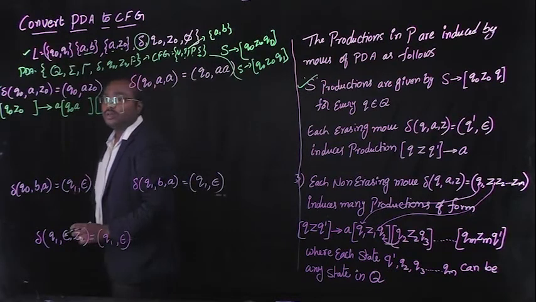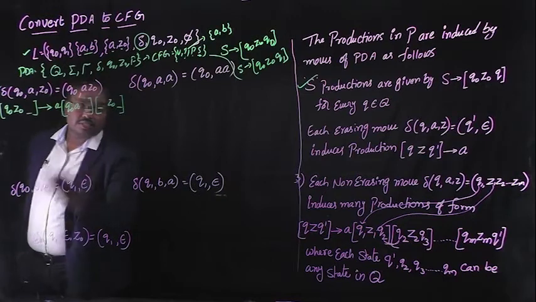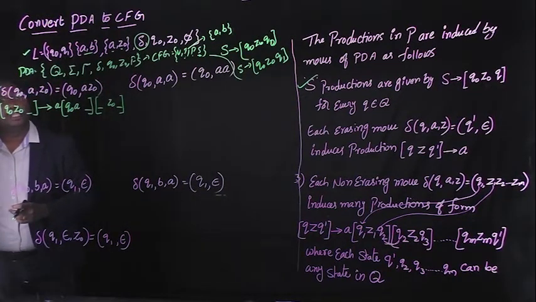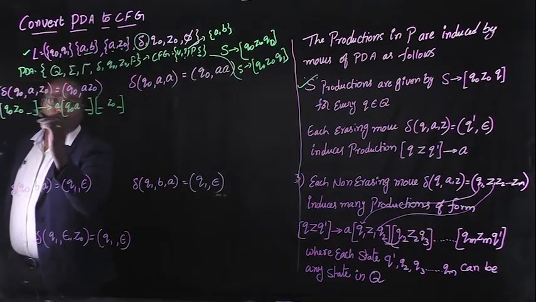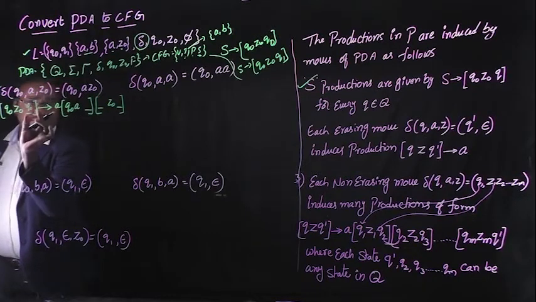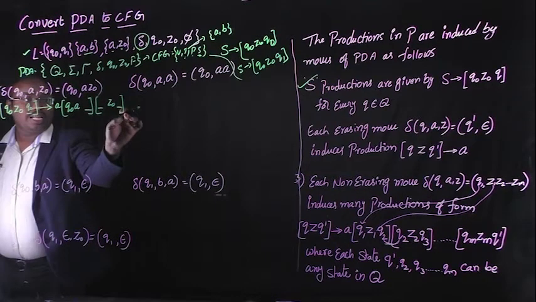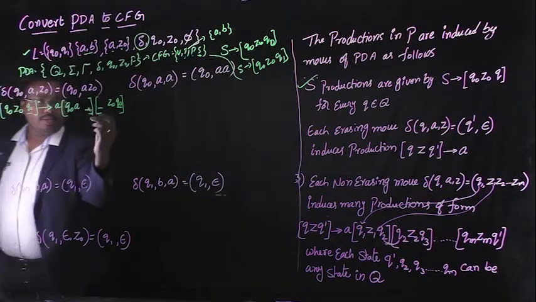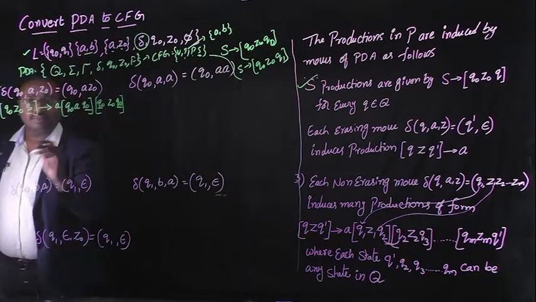In these empty places we can place states. What are the states in the machine? q naught, q1. So here there are a total of four possible productions. The first one we place the initial state q naught. Whatever state we mention in this place should be matched with the last one. Here we can also write q naught, and in these empty places also q naught. So all places are filled with q naught.